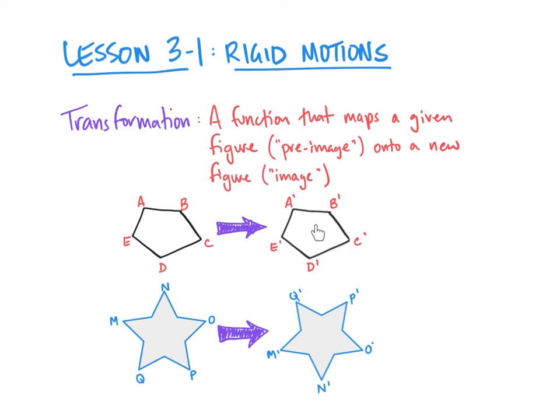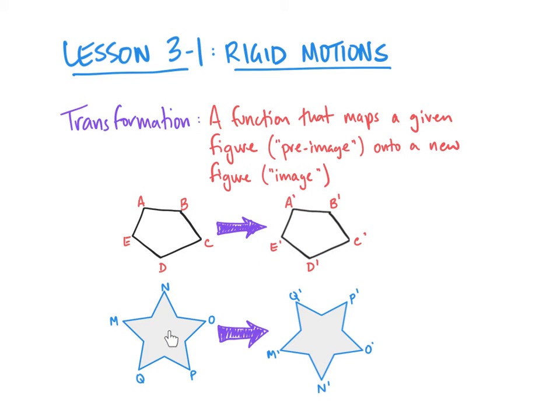It didn't completely change the way it looked, it just put it in a new spot in my plane, right? And so I mapped it to a new spot. I just took it and said, hey, go from here to over here. That would be one kind of transformation that we're going to learn about. It's called a translation, and we'll get to more details about a translation a little bit later. But that's one example of a transformation.